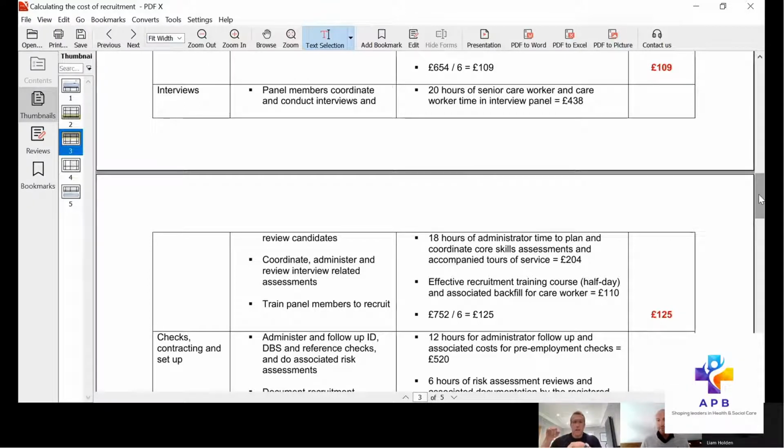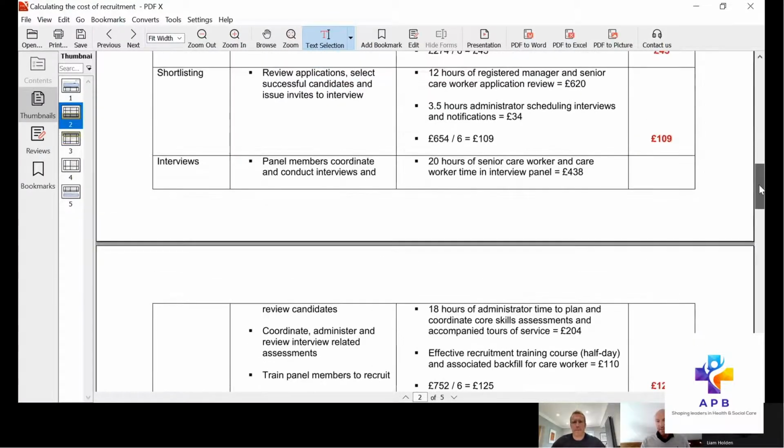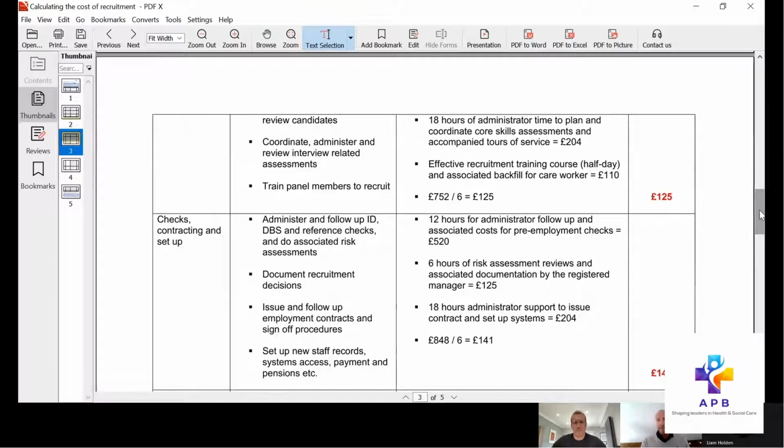One of the interesting things here is that a lot of people I speak to that are engaged in recruitment in organisations would like to have a more robust process, but finding the time is one of the challenges for them. So this is probably quite a conservative view in some respects. 100%. I thought that about a lot of the figures here. Obviously these figures are divided by 6.